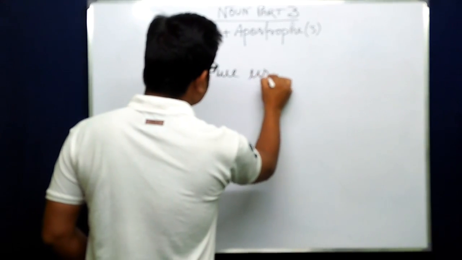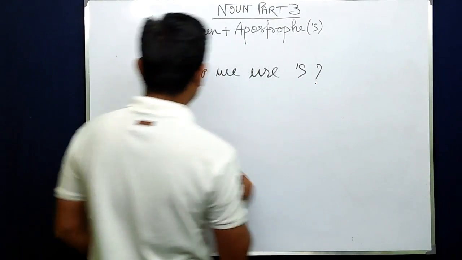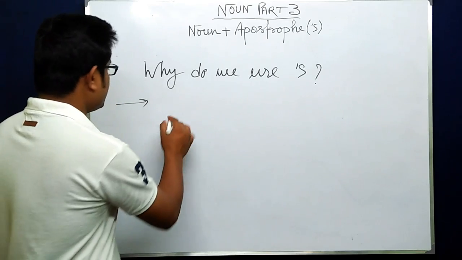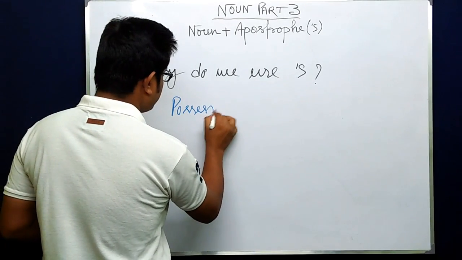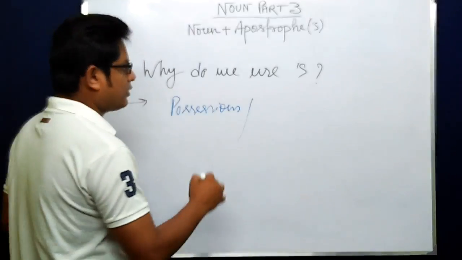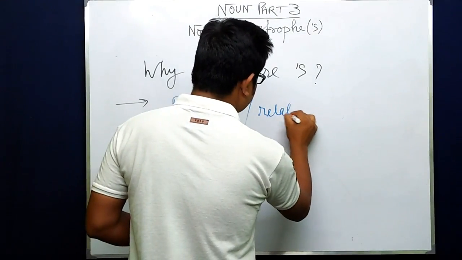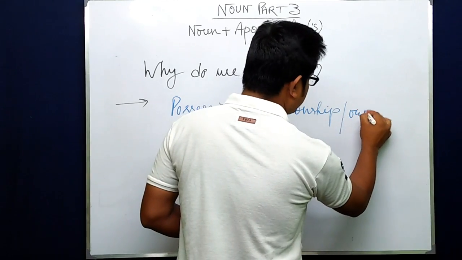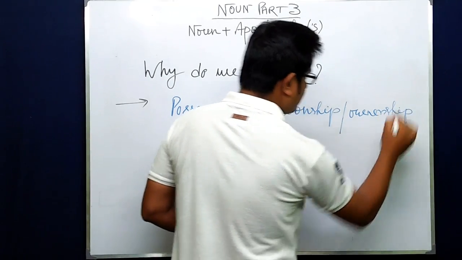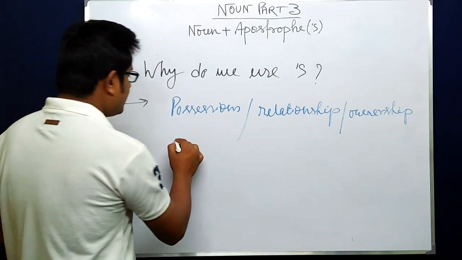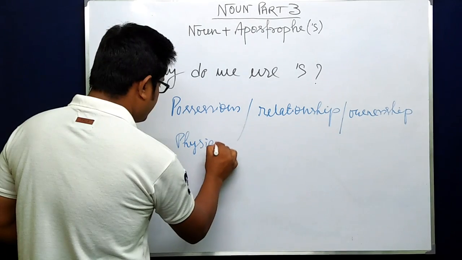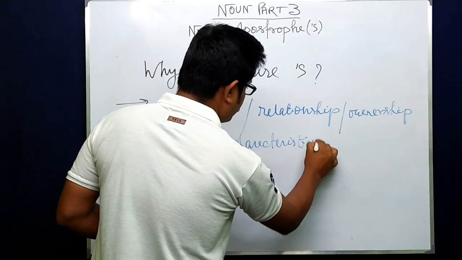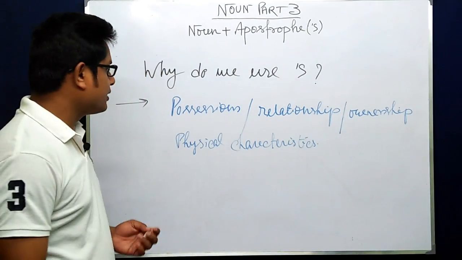We use this structure apostrophe s to talk about any possessions, or to talk about any relationship, or to talk about any ownership, or to talk about any physical characteristic, or to talk about anything regarding any noun.